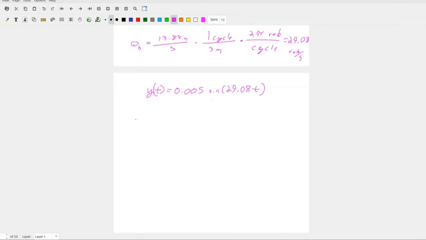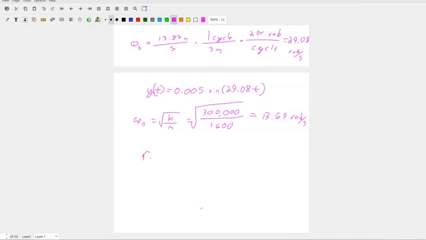All right. So omega n, the natural frequency, is equal to the square root of k over m, which is 300,000 over 1,600, which is equal to 13.69 radians per second.